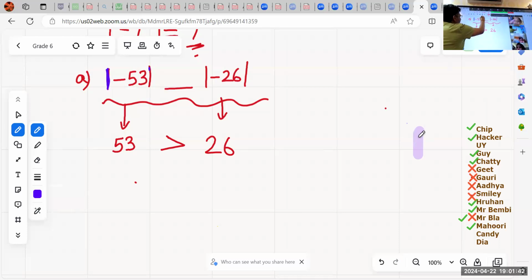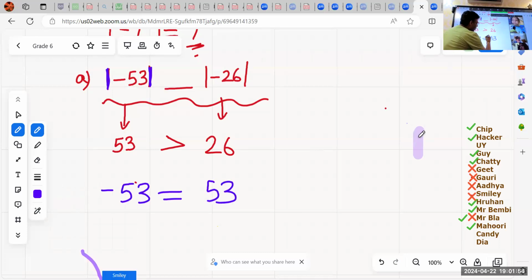They make everything positive. This doesn't mean that minus 53 is greater than minus 26. This doesn't mean that minus 53 is equal to 53. These are only magical brackets. They make everything positive.